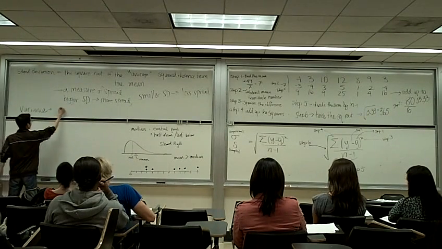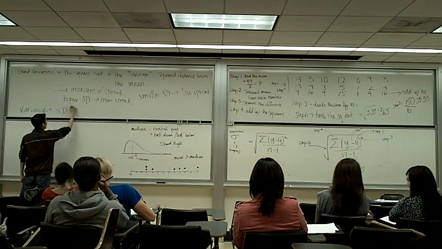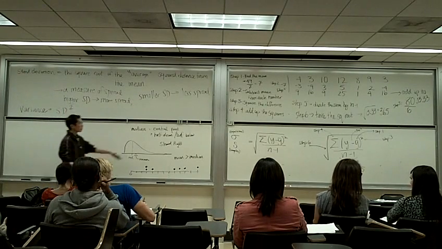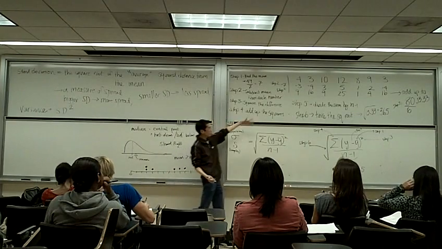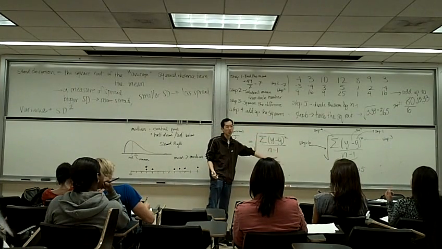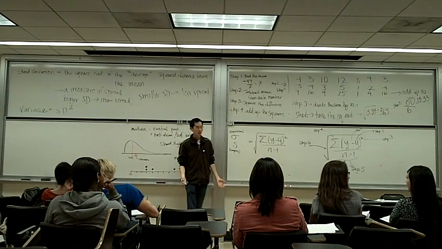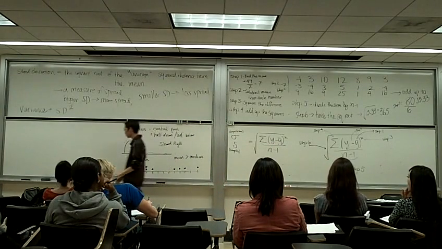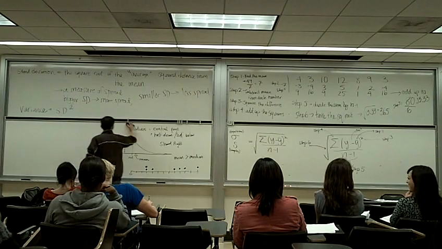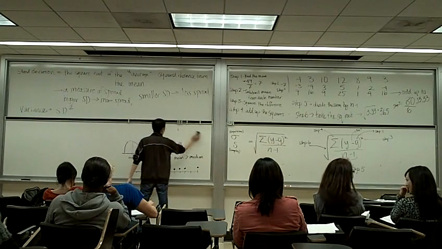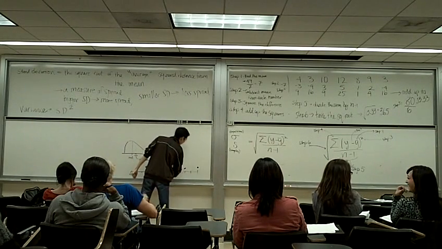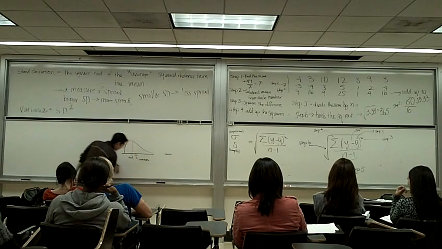So variance is equal to the standard deviation squared. If you did steps 1 through 5, you end up with the variance. Doing step 6, where you take the square root, gives you the standard deviation. All right, so variance is standard deviation squared. But don't worry, we're just going to move on.